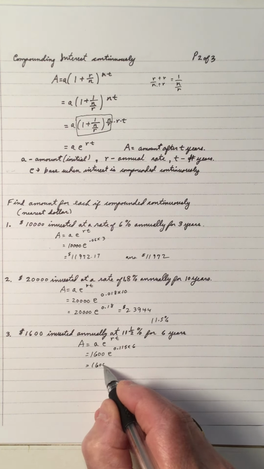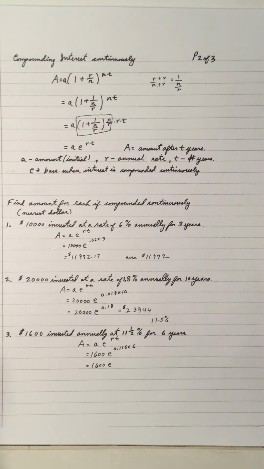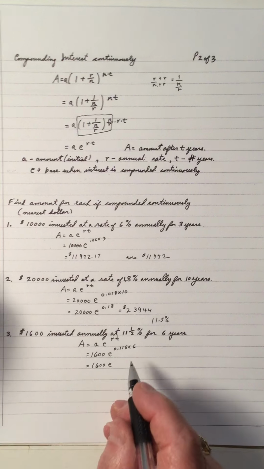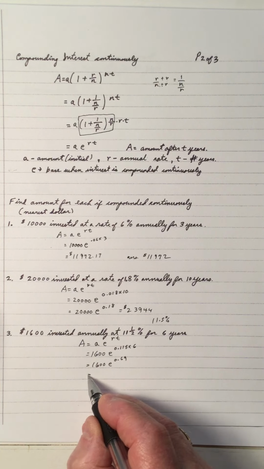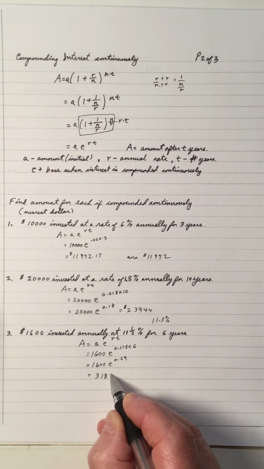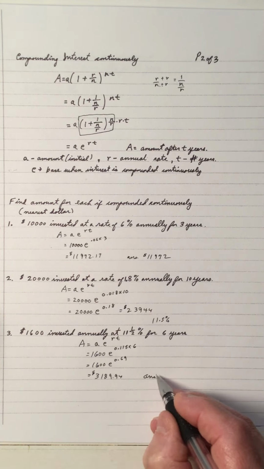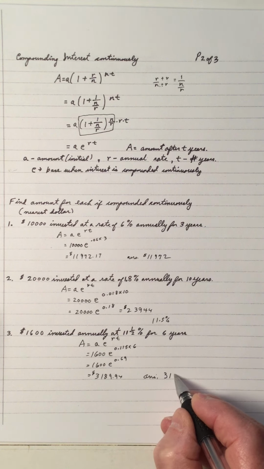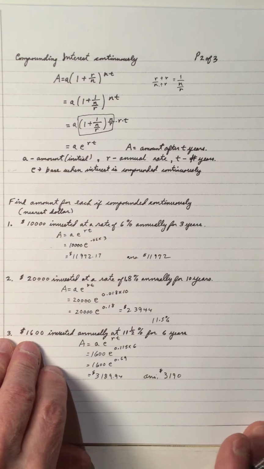So that's 16,000 e, and if we multiply that out, just making sure here, 0.115 times 6, we get 0.69, and you work that out with your calculator, you get 3189.94, and so to the nearest dollar is $3,190 compounded continuously.